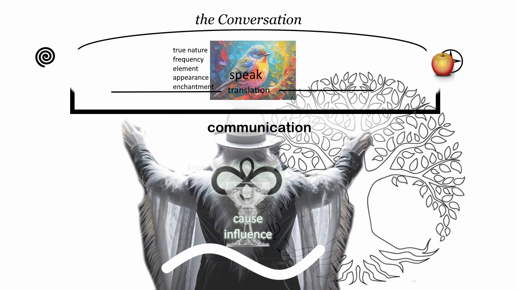As a practice lesson, imagine a bird. Imagine a magician, a human, giving attention to this little bird in order to establish knowledge with the bird and to communicate with the bird. The magician may choose or find it relevant to communicate with the bird at the true nature level, at the frequency level, at the elemental level, or at the appearance level of what it means to be a bird.